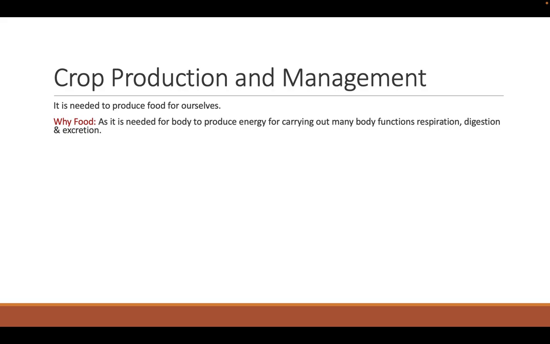It needs energy. So for that, we need food. For the food digestion has to be done. So some energy is invested in there, and the waste material will go as excretion. So these are the main operations that a human body or animal body needs, and for that they need food.